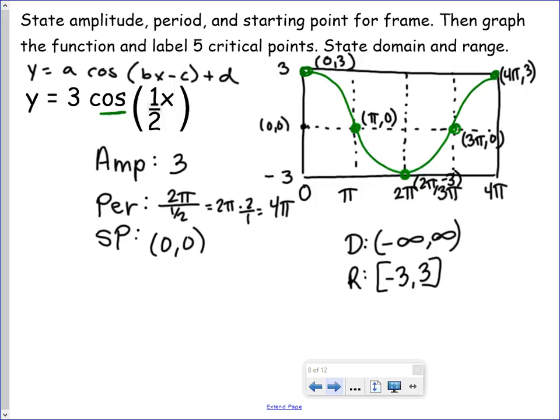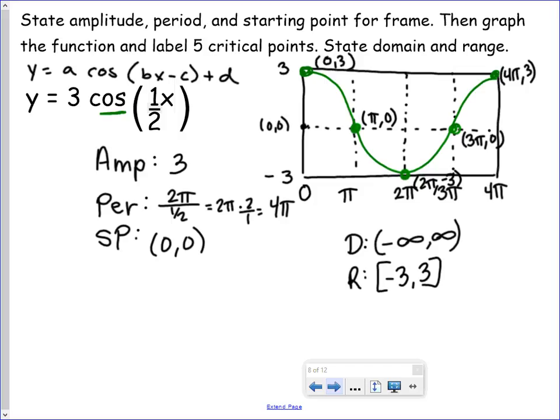Now, one thing to think about just really quickly here is, how does that actually look if you compared it with the parent function? Like if we graph this on our graphing calculators, there are a few things that are changed, right? The amplitude is 3. So if we compared it to the parent function, it goes higher and lower than the parent function. So the waves are taller. Okay.